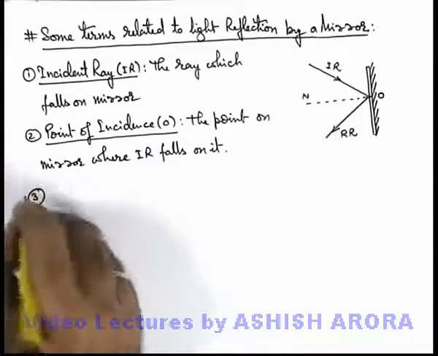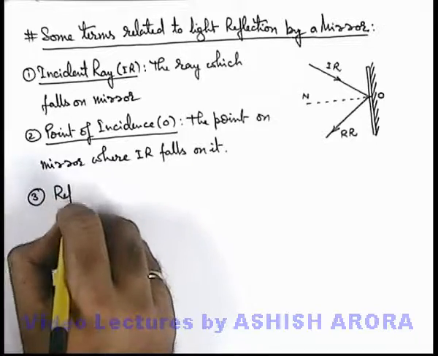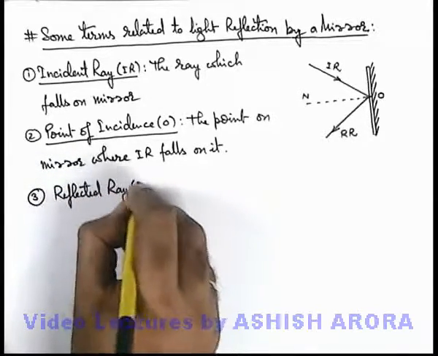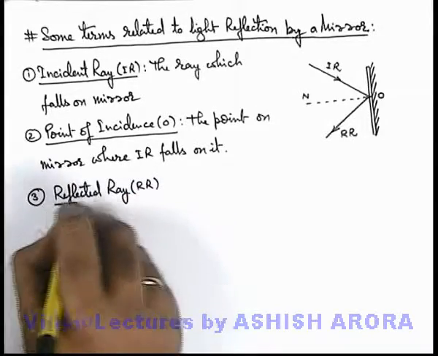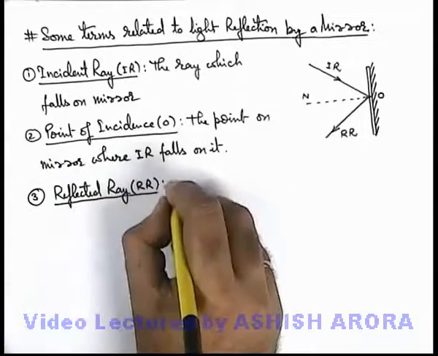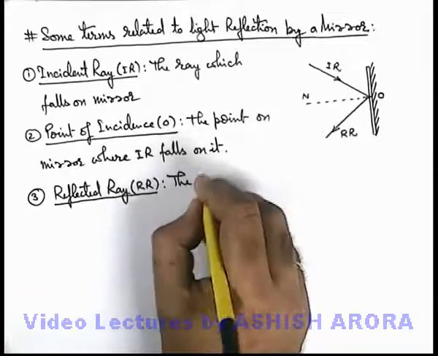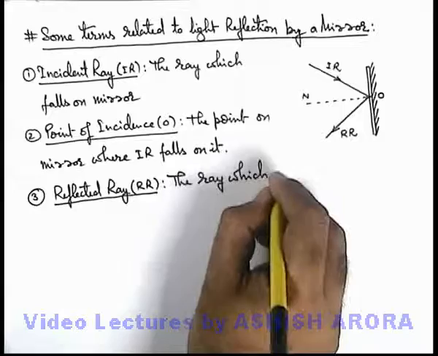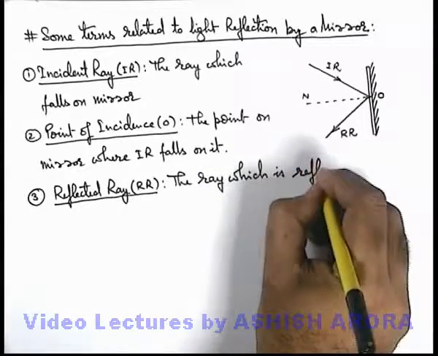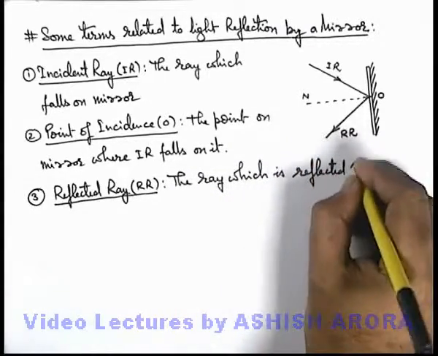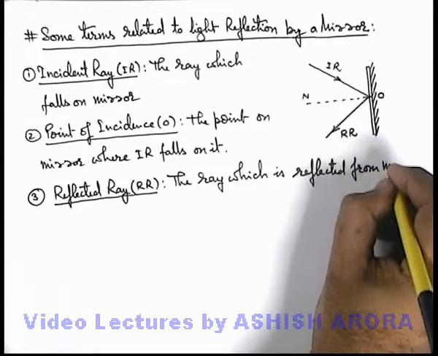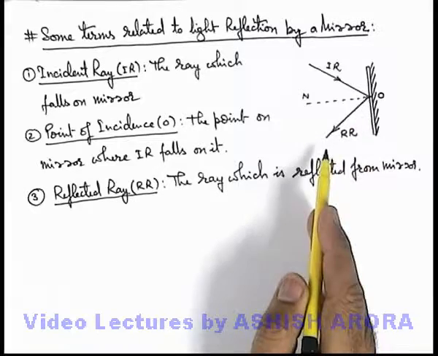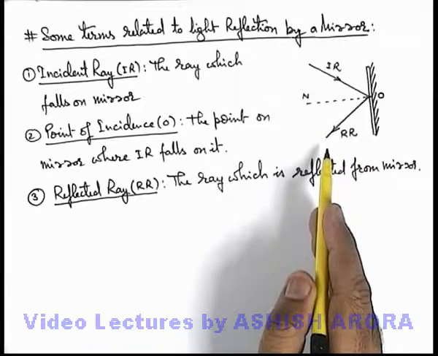The third term we can define is the reflected ray, which we are denoting here by RR. It is the ray which is reflected from the mirror. Here we can see this RR is the reflected ray which is reflected from the mirror.